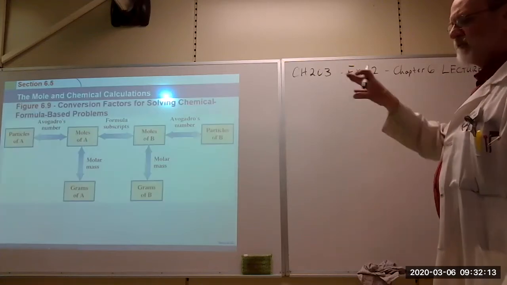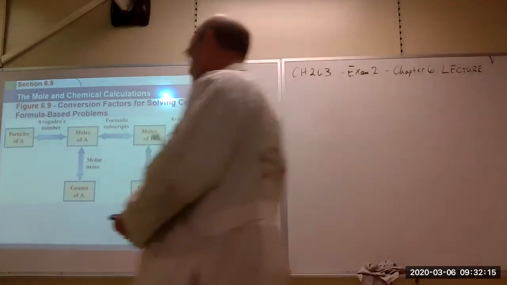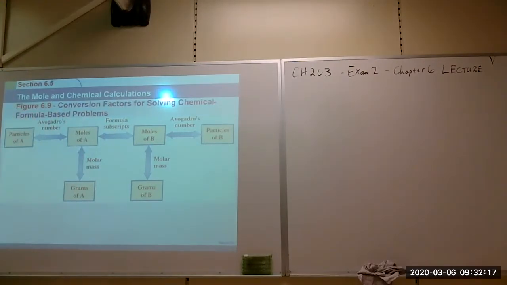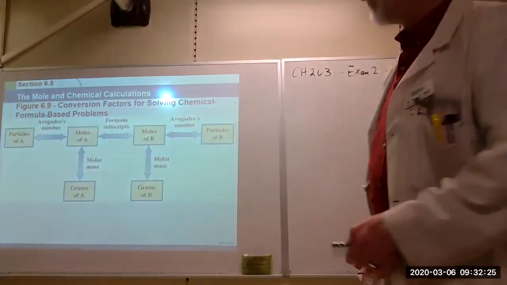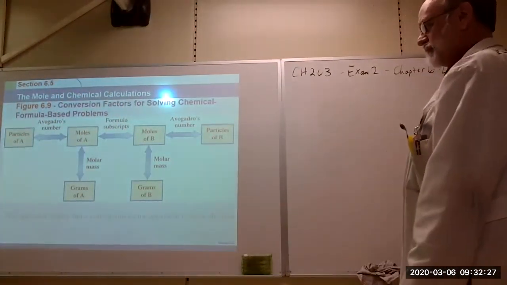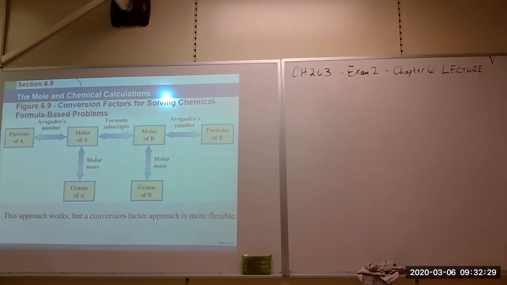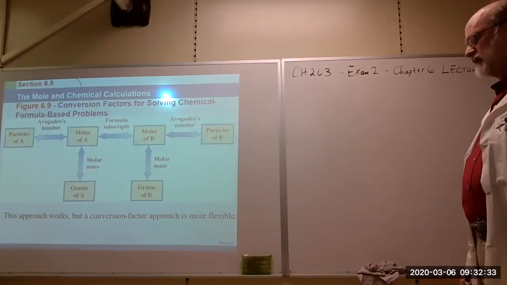Now, this is the way the authors of the book think you should solve problems. And if you like that sort of thing, fine. I just put it up there to show you what they said. But I think it's easier to use the conversion factor approach. I think it's more flexible.